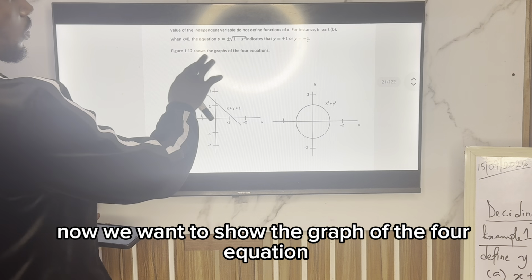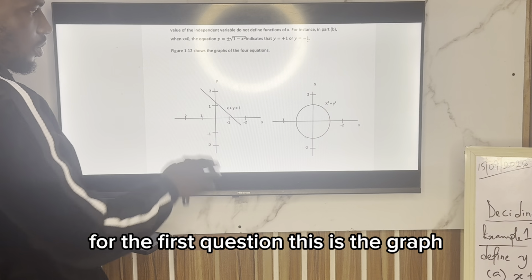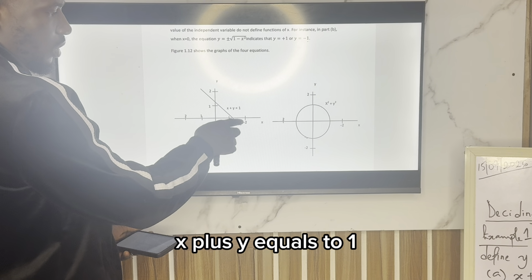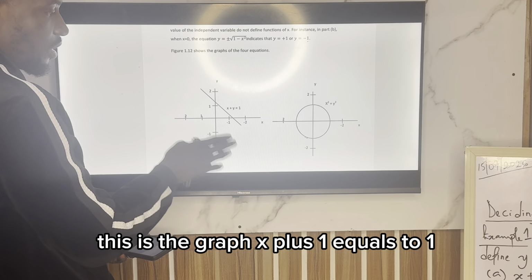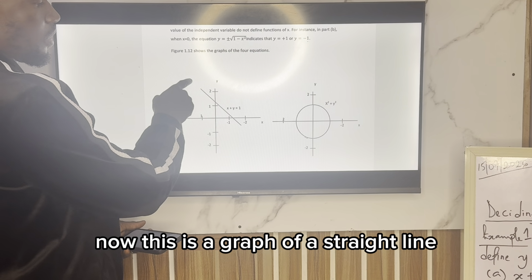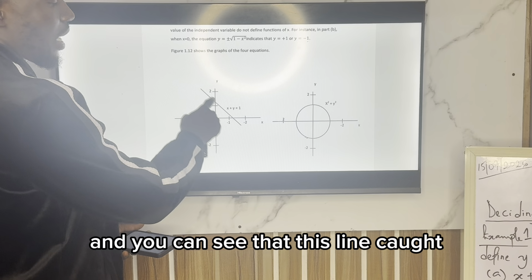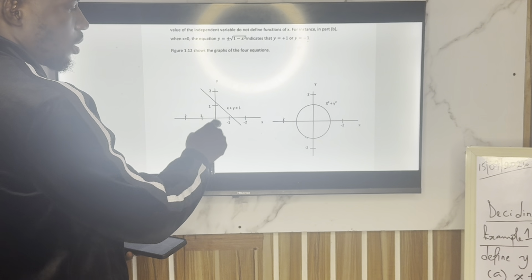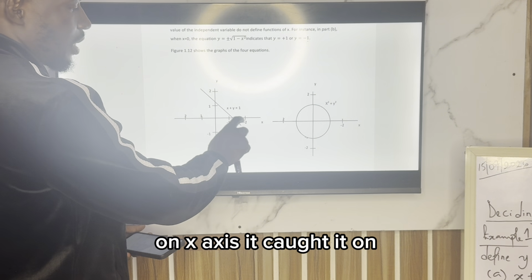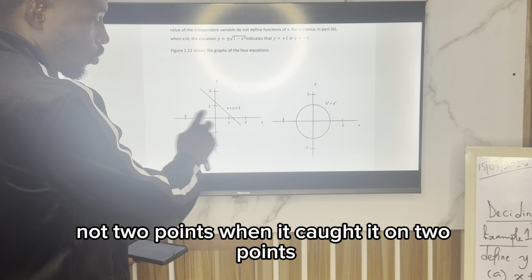Now we want to show the graph of the 4 equations. For the first equation, x plus y equals 1, this is the graph. This is a graph of a straight line, and you can see that this line cuts the Cartesian plane on the x-axis at a point, not 2 points.